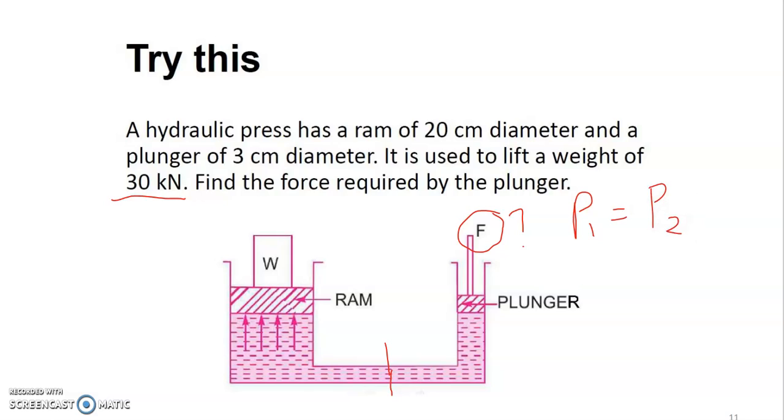And how we calculate pressure is F1 over area 1 equals F2 over area 2. So F2 is what we want to find.